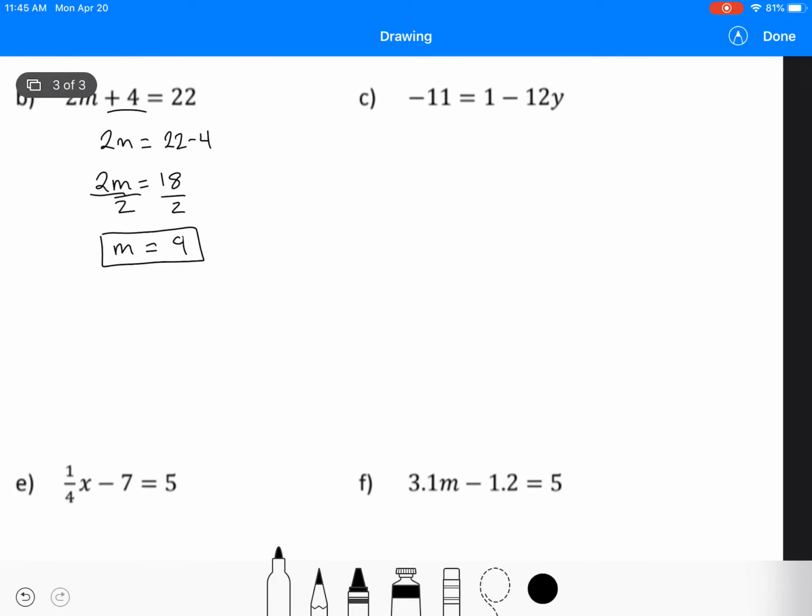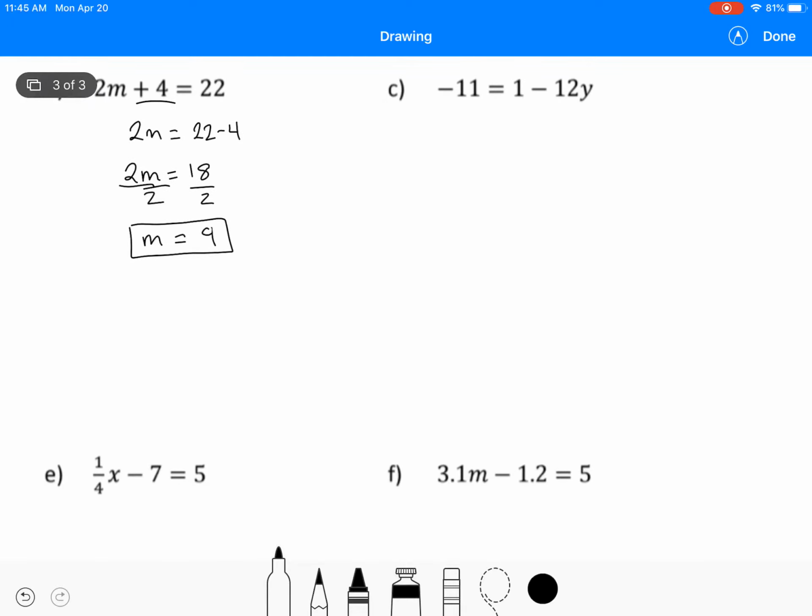All right, again, 2 steps. Same thing here. We have to start by moving this 1 to the other side. So we'll have negative 11 minus 1 equals negative 12y, or just negative 12 equals negative 12y. And now we get to divide by that negative 12.